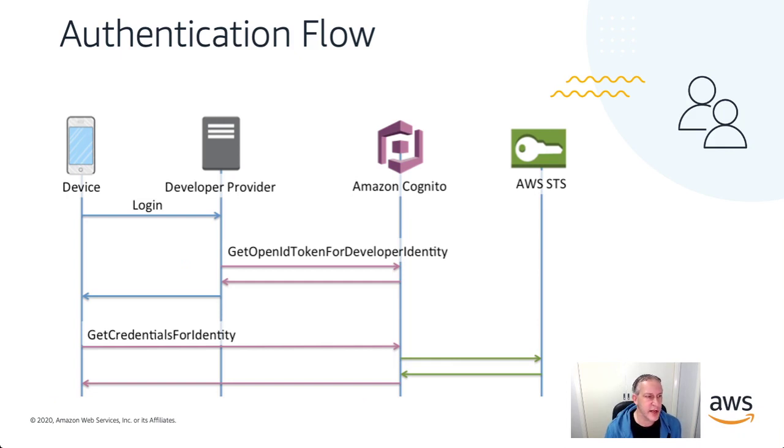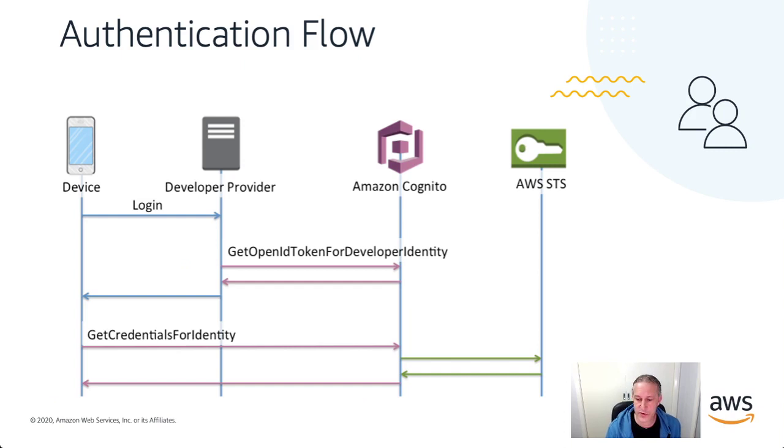So the login is passed over to the developer provided front end, and then that has to go and get a GetOpenID token from Cognito, passes it back to the device, and then the JavaScript or your application then goes off and gets the credentials from the AWS STS servers.